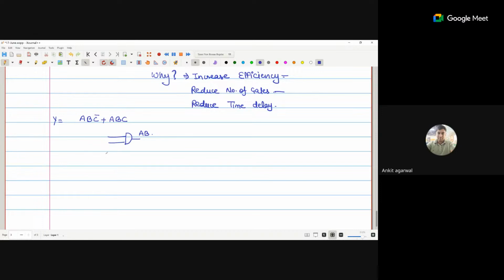Now we require the NOT gate, and AND with this, to get A B C. We require one more AB, AND with C bar, so we get A B C bar, and we use an OR gate to implement A B C plus A B C bar.